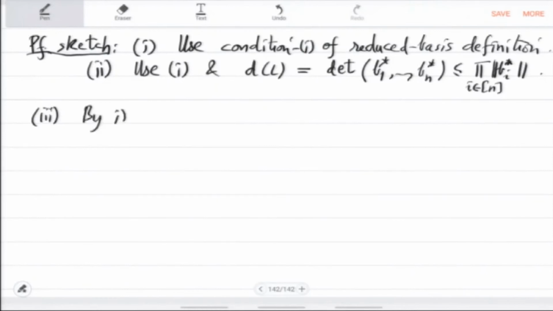So by 1 you get that the b_i length is less than or equal to 2 raised to (i minus 1) by 2 times bi star.